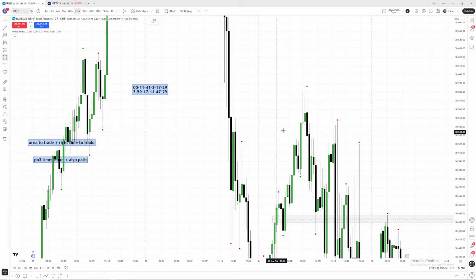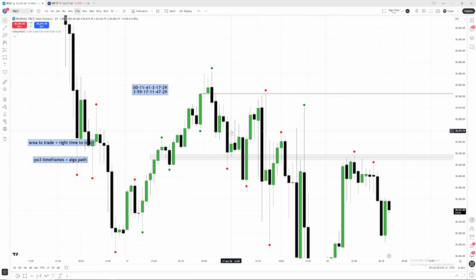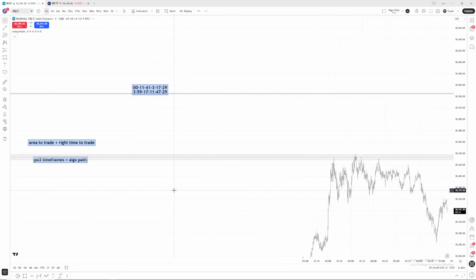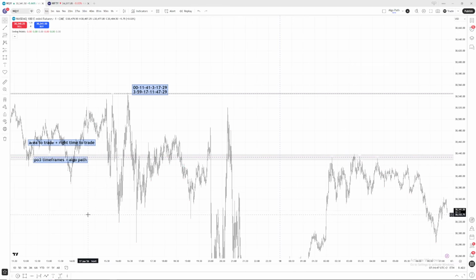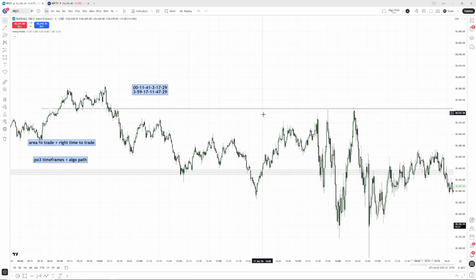So we can also have this area marked and see what happened. Otherwise, there was no big FVGs here, only this FVG we had. So this was the area for us.